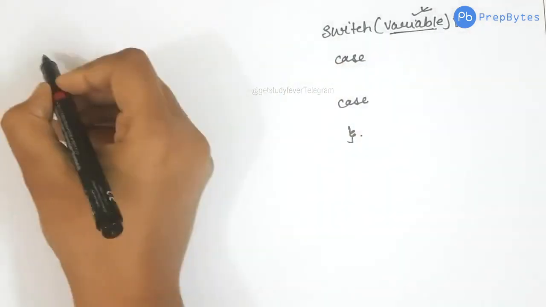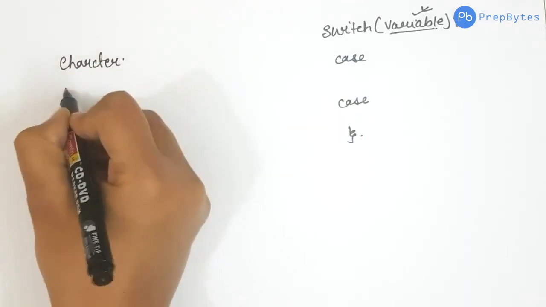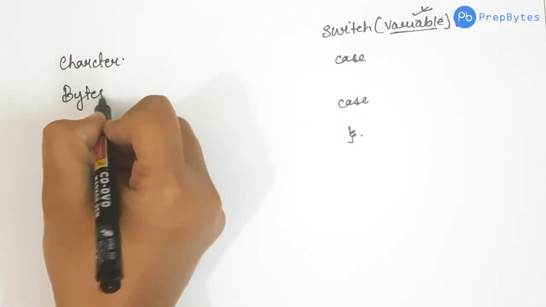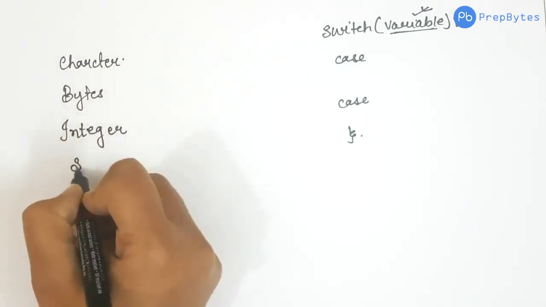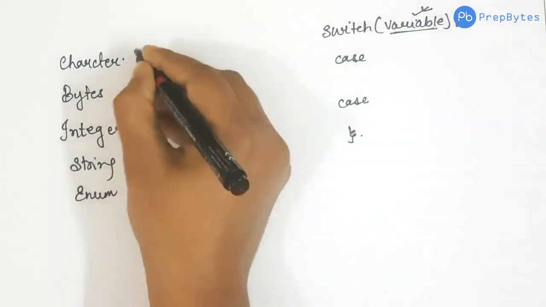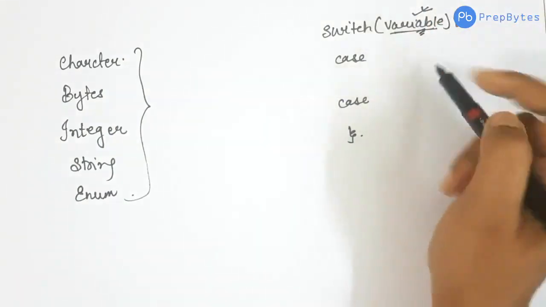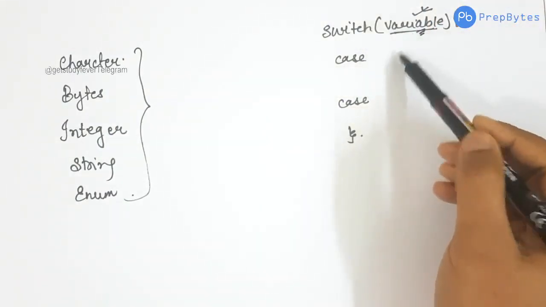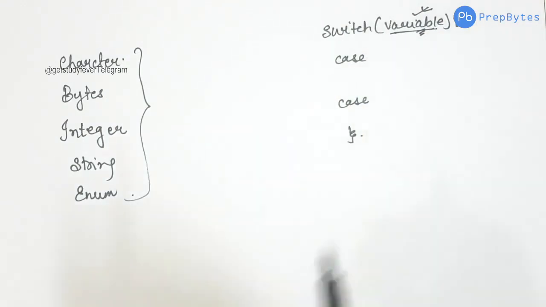What is allowed is character, byte, integer, string, and enum. These are the allowed data types for this variable, and based on this data type the cases are formed and executed. So this was something about switch.